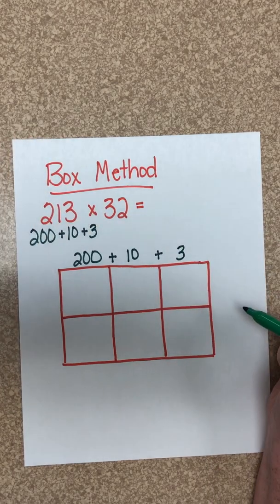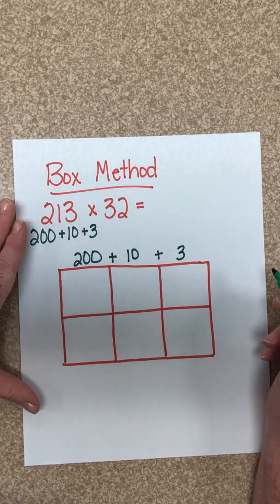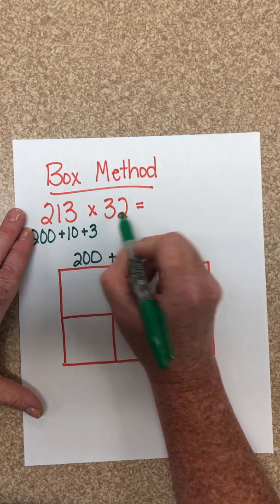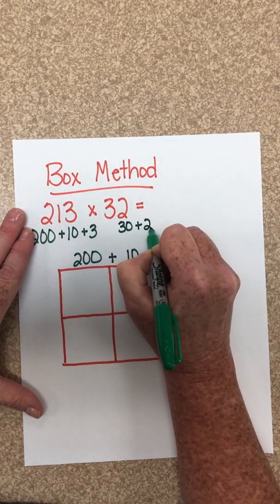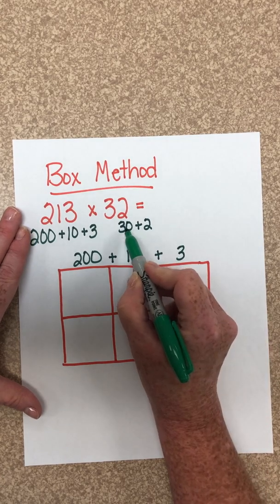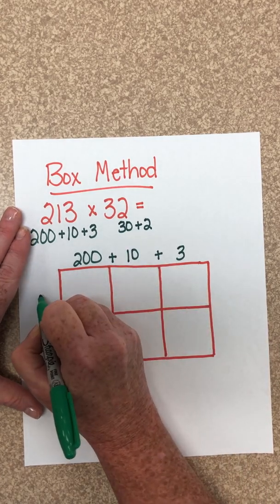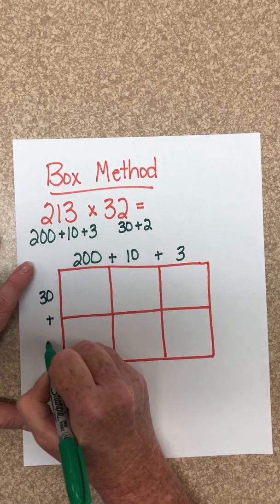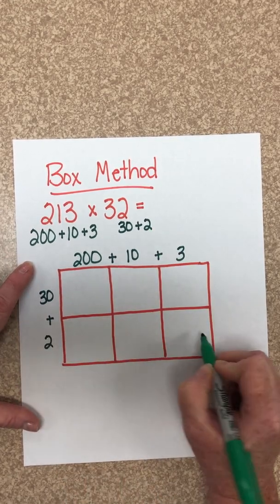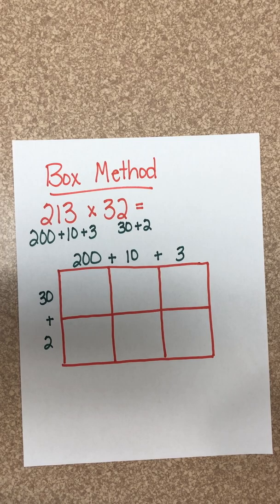Now let's look at 32. Again, let's pay attention to how it's said properly. 32, so 30 plus 2. The 30 we're going to put on the left. And 2 for the second row. Now let's begin.